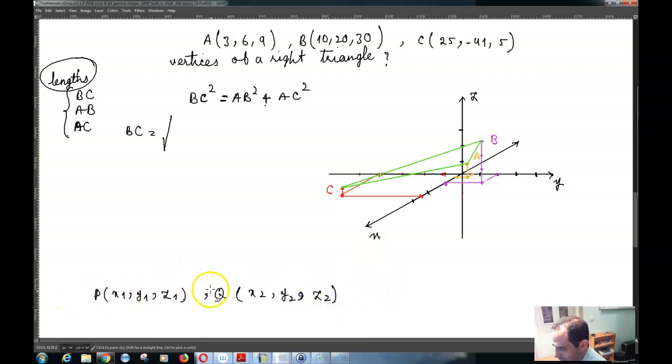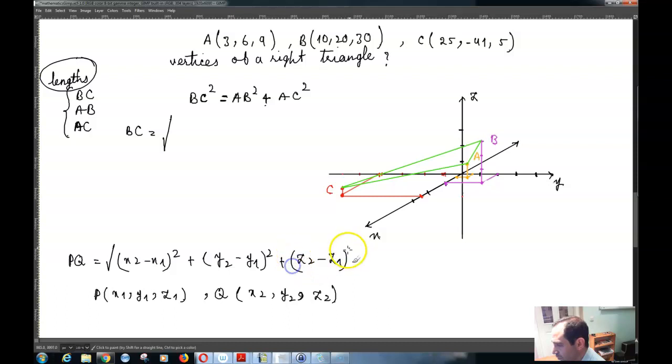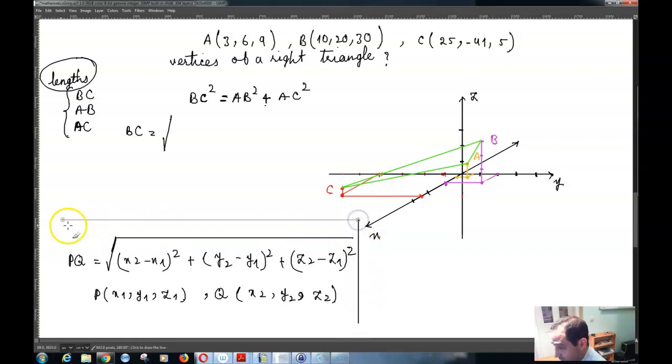Then the distance between the two points, PQ, is the square root of x2 minus x1 whole squared, plus y2 minus y1 whole squared, plus z2 minus z1 whole squared. That is the distance formula in a three-dimensional system.